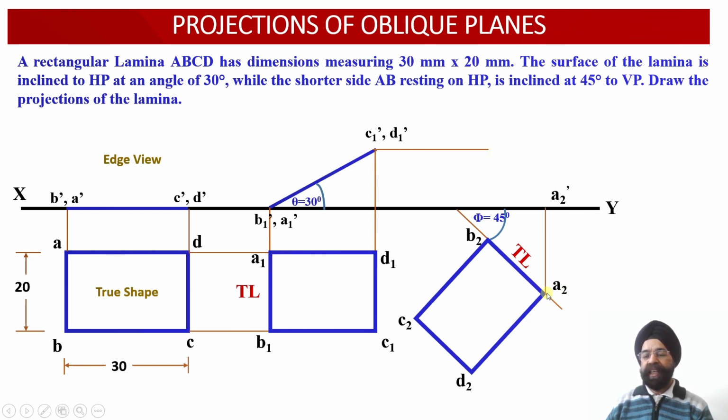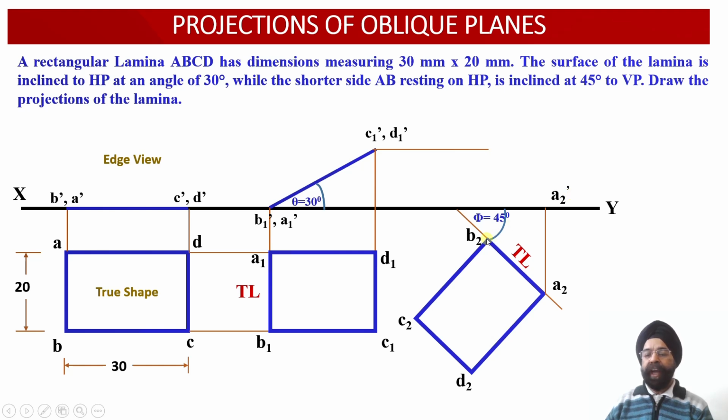So let us start with this. From A2 we are going to draw a vertical projector line in the upward direction. Wherever this vertical projector intersects with the horizontal projector drawn through the point A1 dash from the previous elevation projection view, this intersection will provide us with the point A2 dash.